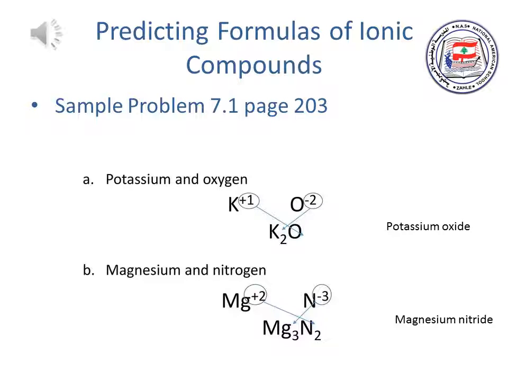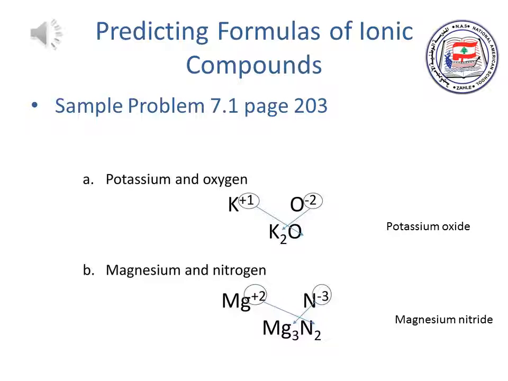And oxygen belongs to group 6A and its charge is 2-. So, we use the crisscross method to write the formula of this ionic compound. We take the 1 and we put it next to the oxygen, and we take the 2 and we put it next to the potassium, so the formula is K2O. Because ionic compounds are neutral, we don't put any charge.